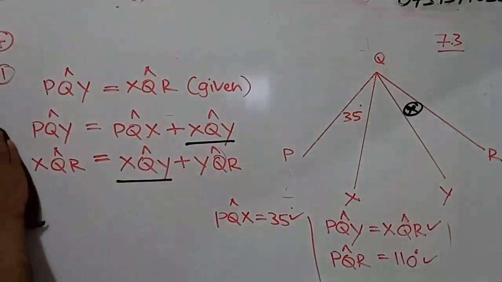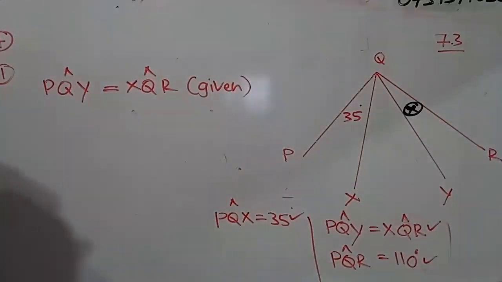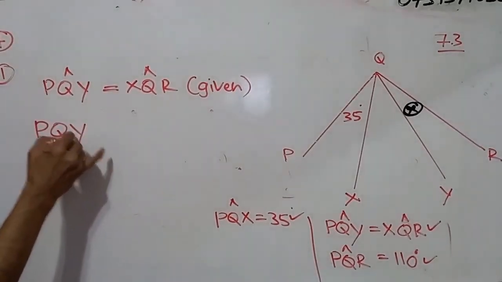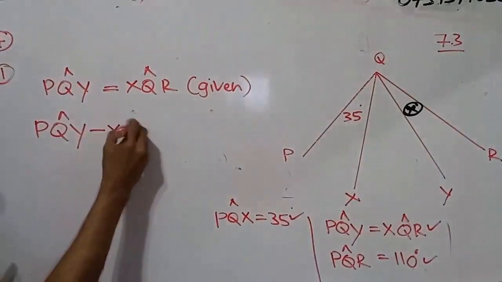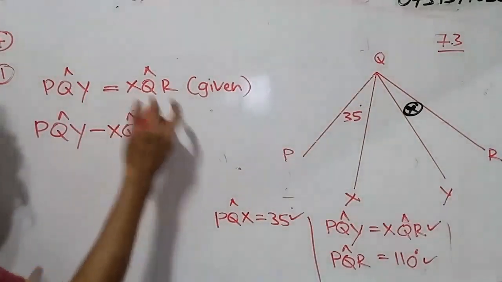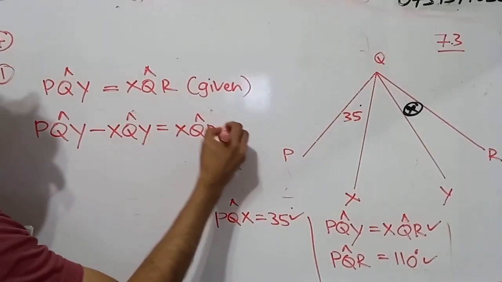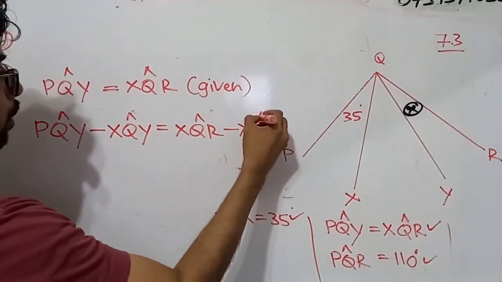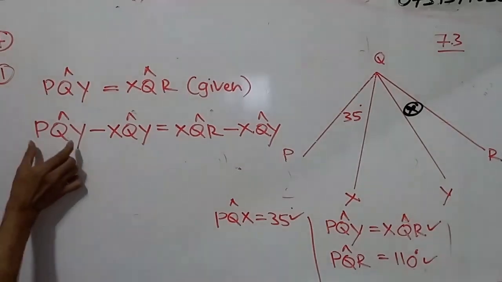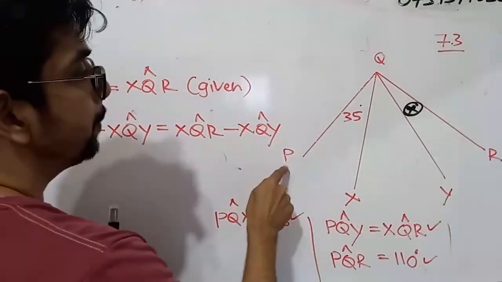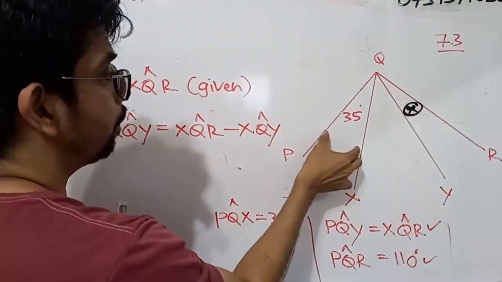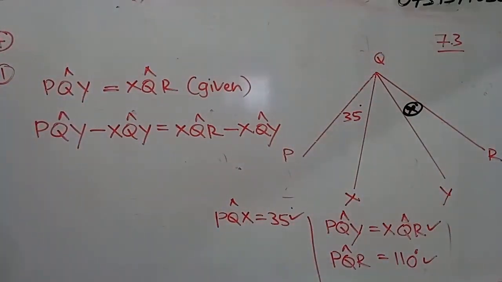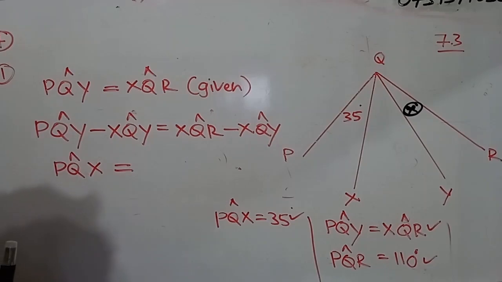So what do we do? We subtract the same angle from both of them. Okay, I will erase this. Now what happens? Take PQY and subtract XQY. From XQR, subtract XQY. PQY minus XQY, that means what? PQX.